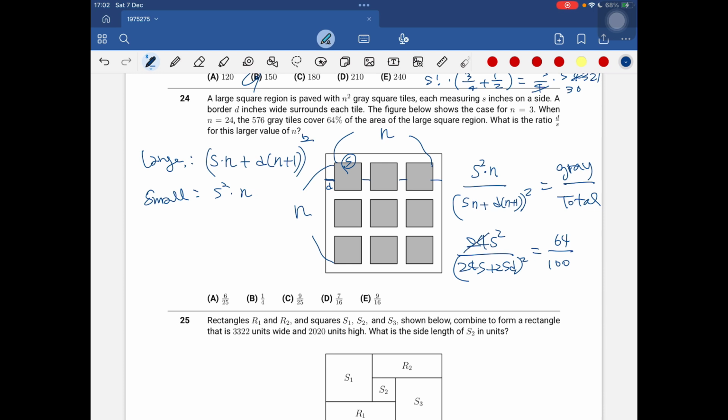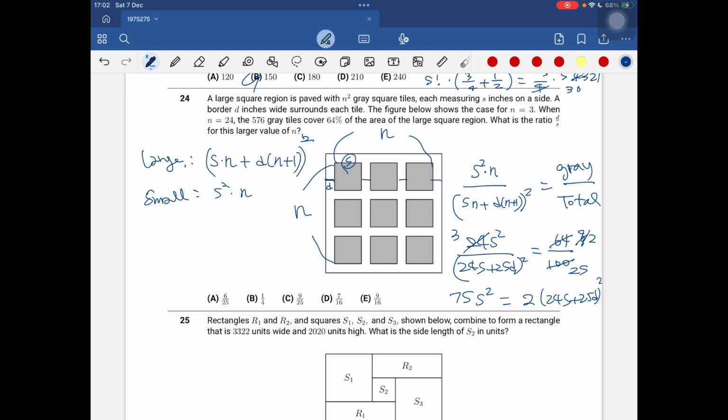So let's simplify. So 75s squared becomes 2 times (24s plus 25d) squared.